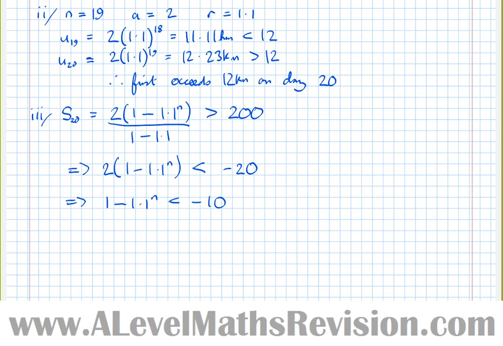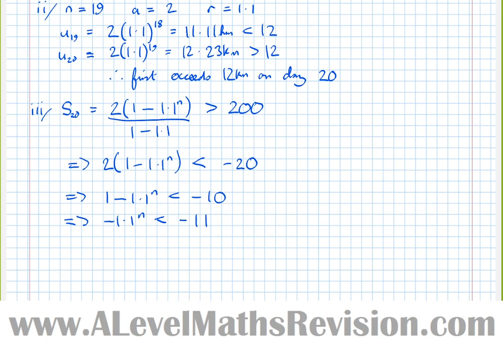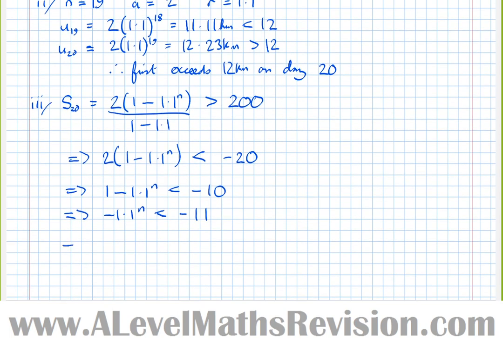Take 1: minus 1.1 to the n is less than minus 11. Times both sides by minus 1 to get both positive numbers. 1.1 to the n, and remember again, flip the inequality since we've timesed by a negative number. It's greater than 11.